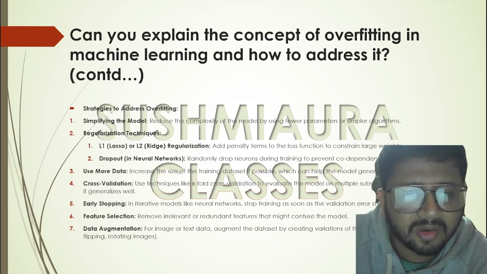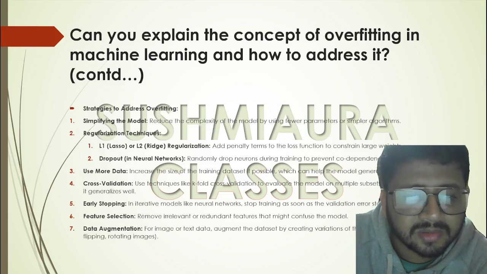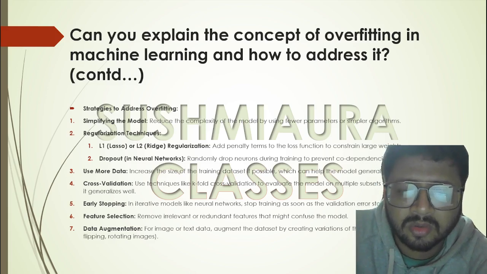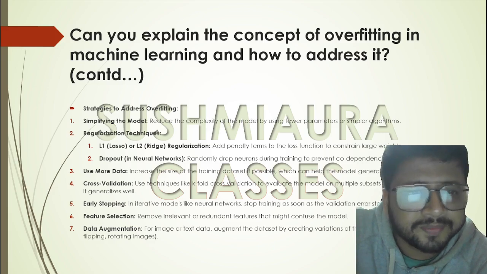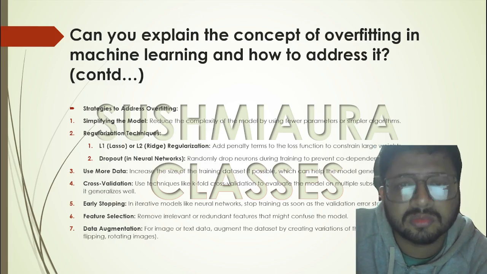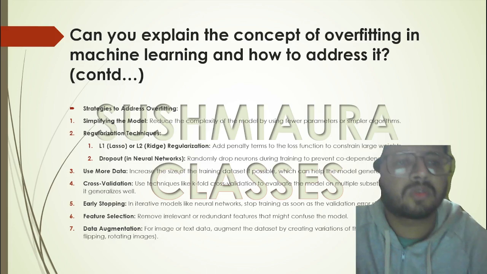Fourth is implementing cross validation. Fifth, early stopping. Sixth, feature selection. Seventh, data augmentation. Okay, so that's it. That's how you have to answer this question on how to explain what overfitting is and how to address it.